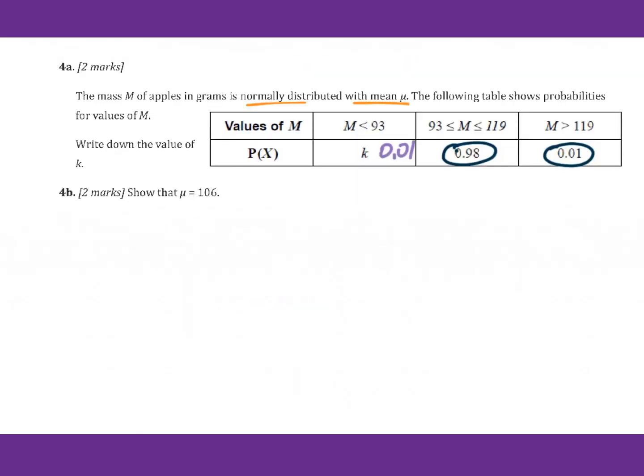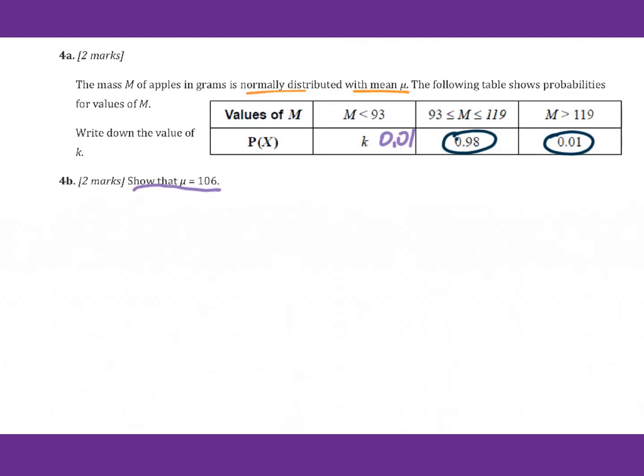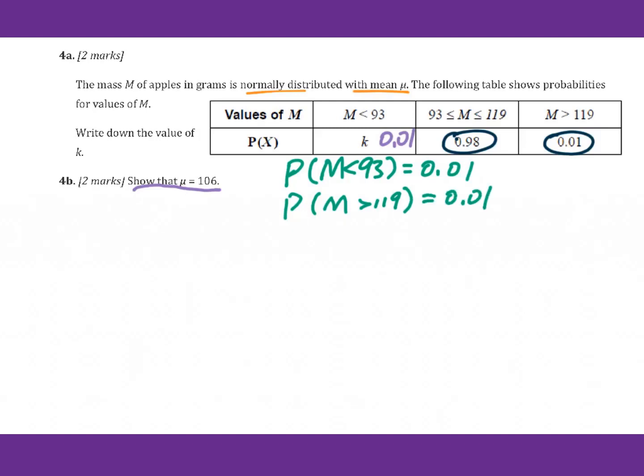For B, show that the mean equals 106. There are two ways to do that. According to the property of normal distribution, the probability of M less than 93 equals 0.01, and the probability of M greater than 119 also equals 0.01.